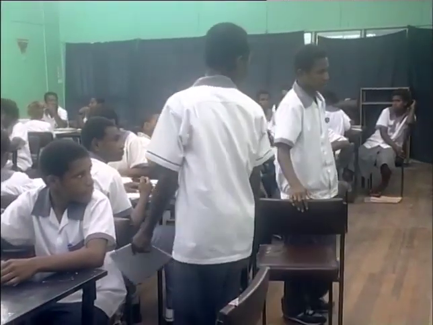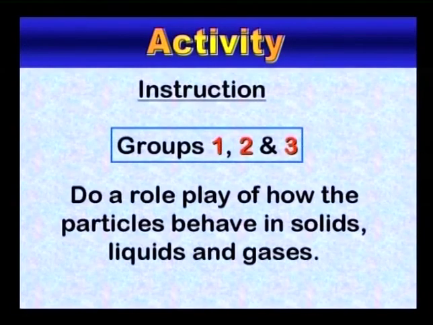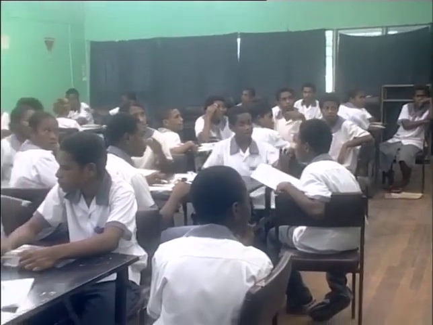Group 1, solid. Group 2, liquids. You can move out now to the car park. Which is group 1 here? Oh, you are group 1, is it? Okay, if I can have groups 1, 2, and 3 move out.